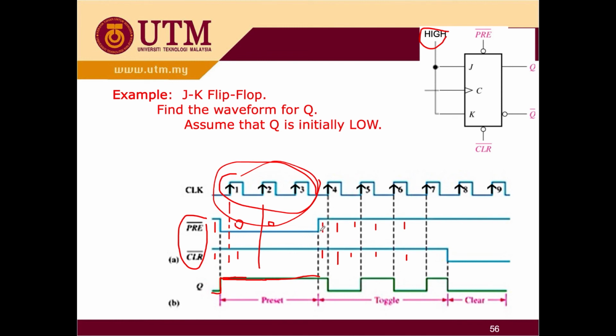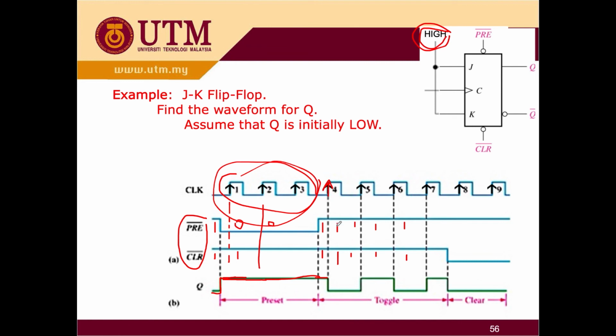So that's why over here, if it is 1 1, you will still do the reset thing, which is the value of your JK is high.